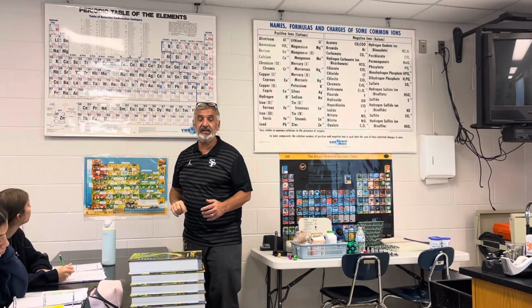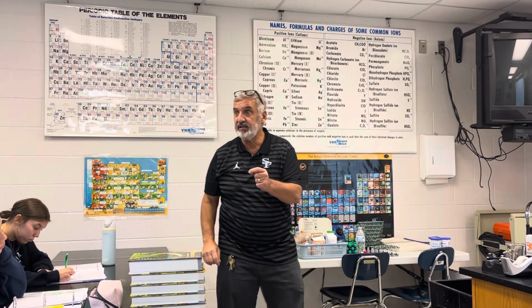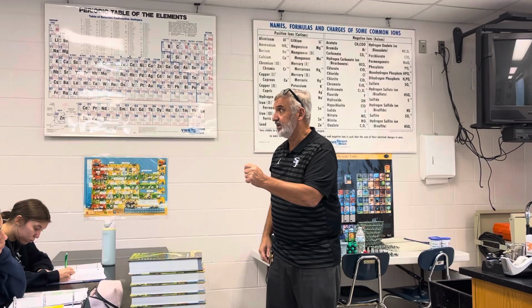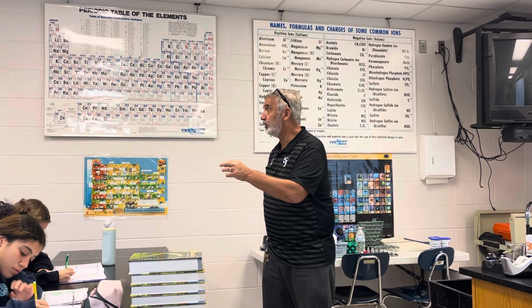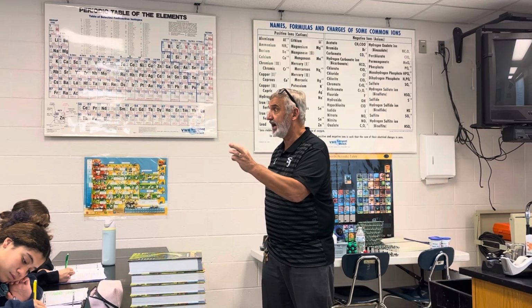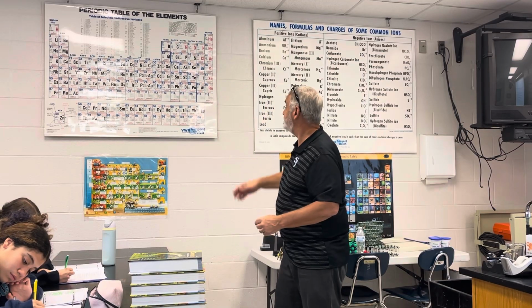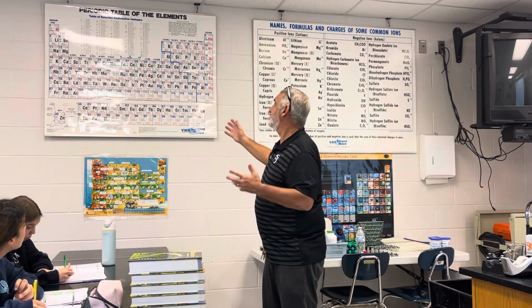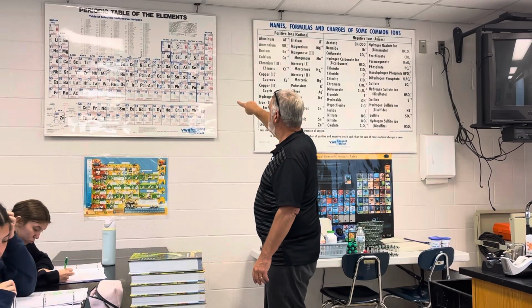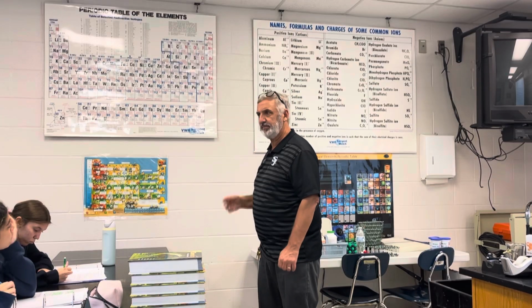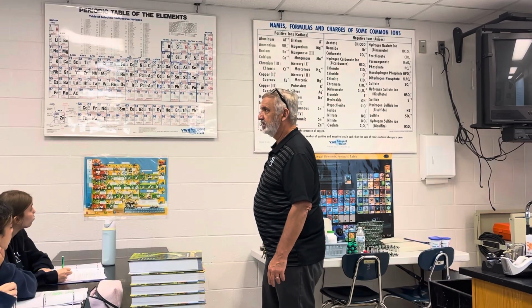Another way to think about it is anything that ends in G-E-N or I-N-E: hydrogen, nitrogen, oxygen, fluorine, chlorine, bromine, iodine. Astatine, again, is radioactive, so we just kind of don't mess with it. I'm not sure if it would be diatomic in its natural state or not. It probably would be. Okay?